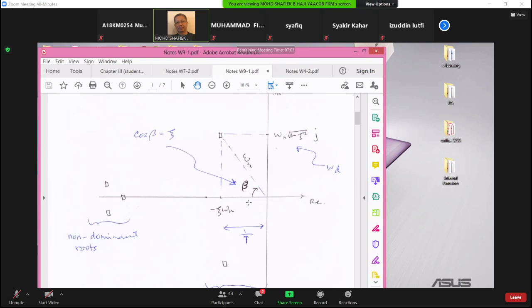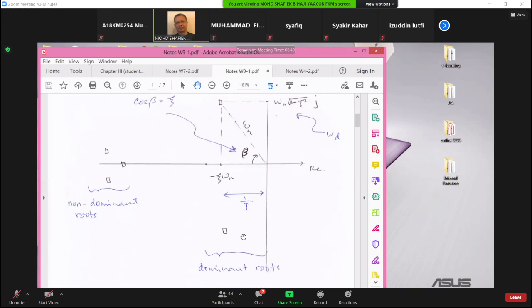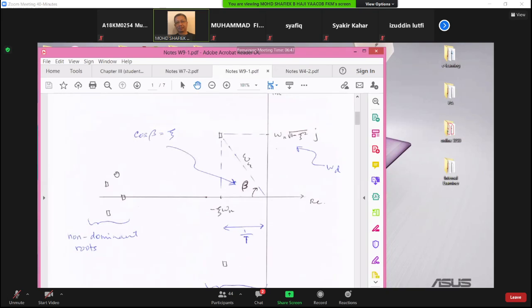The real part of the root is negative zeta omega n. From here, we can get the time constant, 1 over zeta omega n, which is 1 over the real part of the roots. So the further away you are, the smaller the time constant becomes. That is why the root that is further away is called the non-dominant root.